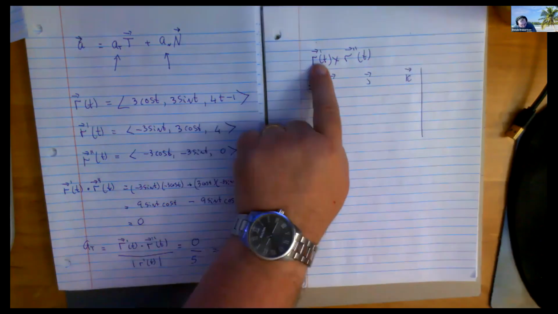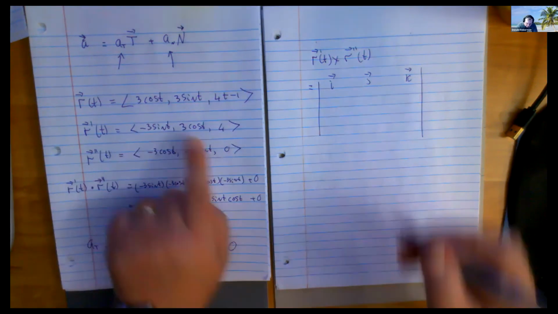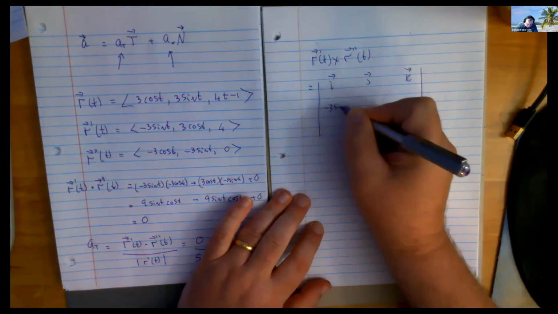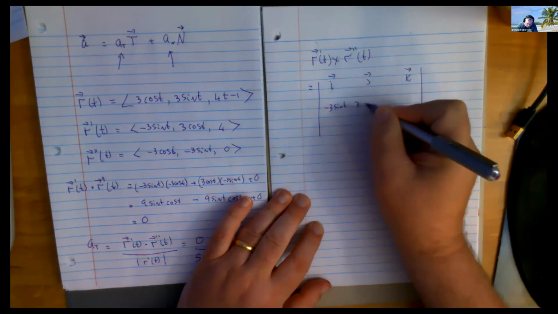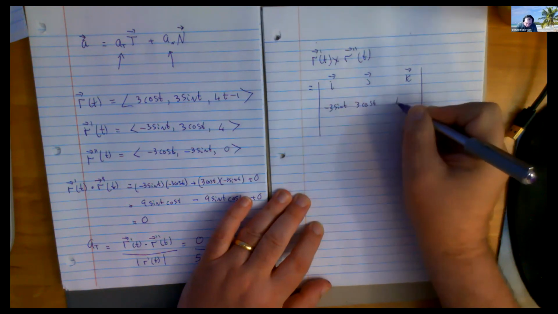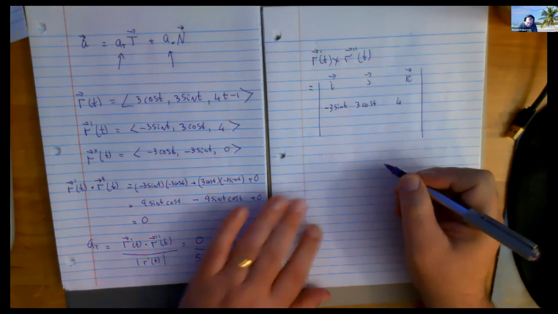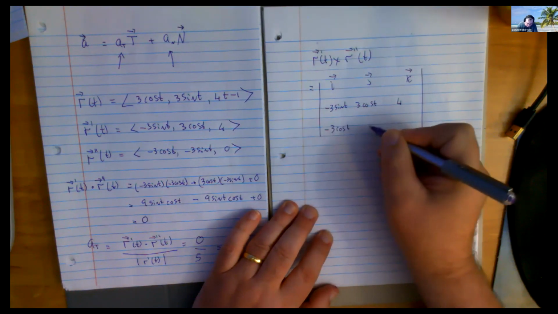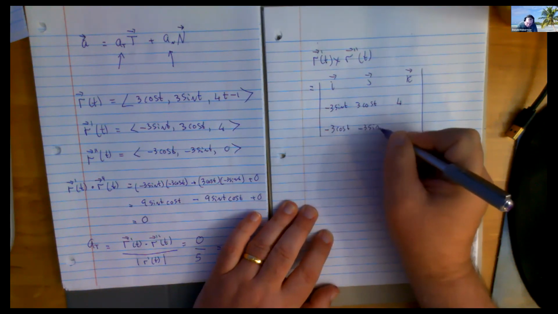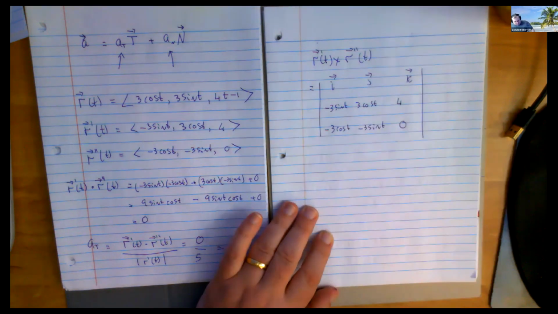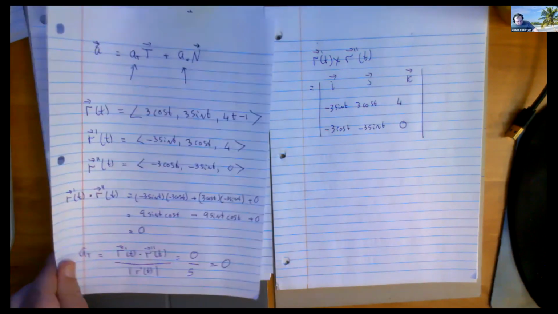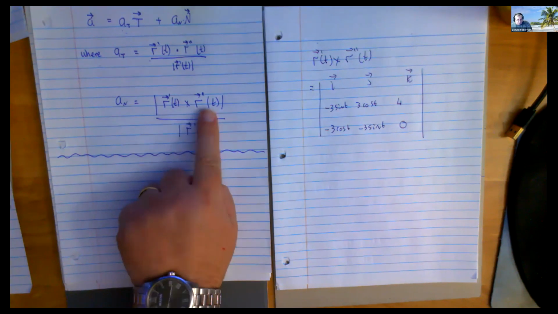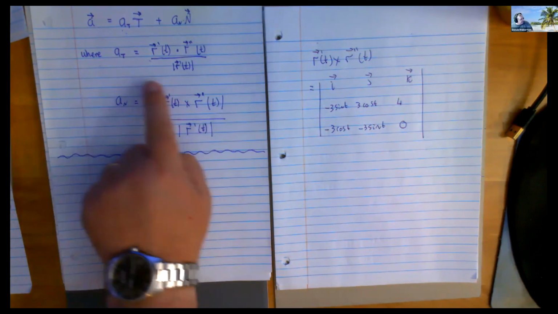And the first fella is this guy, so -3 sine t, 3 cosine t, and 4. And this is the second guy, so -3 cosine t, -3 sine t, and 0. And according to our formula, I find the cross product, and then I find the magnitude of that vector.